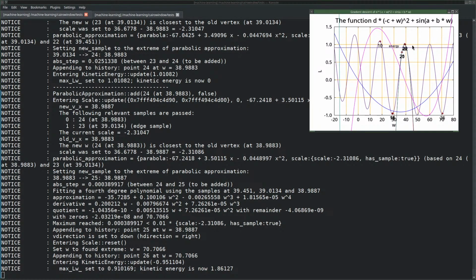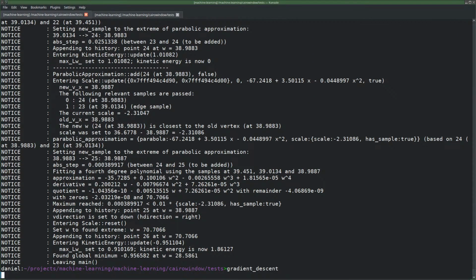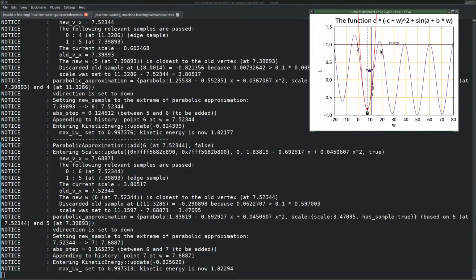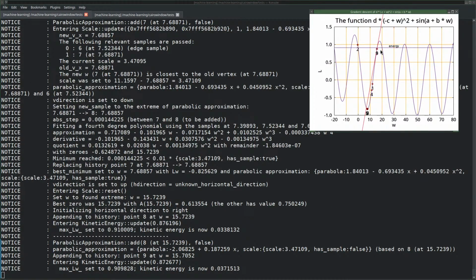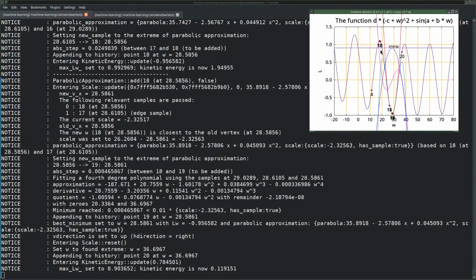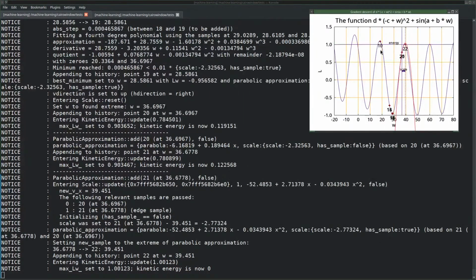Ridiculous. Do I have a scale at this point? Around 40, 39? Before we do that, scale.